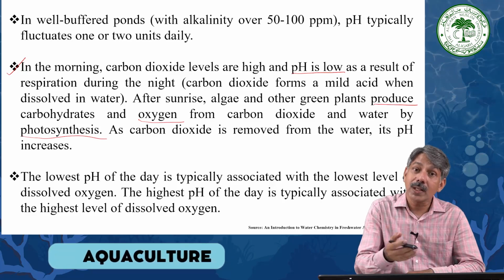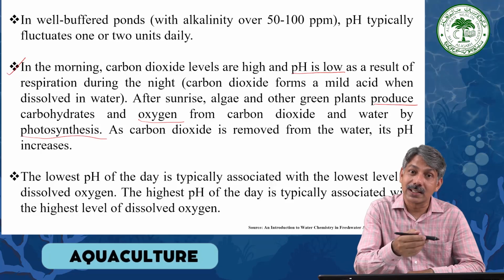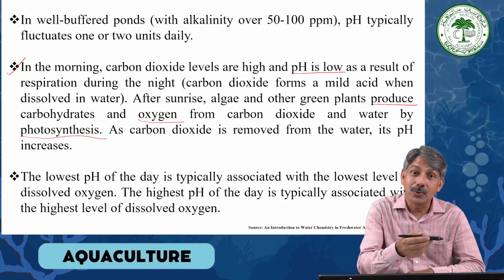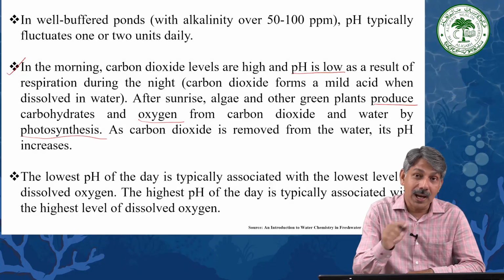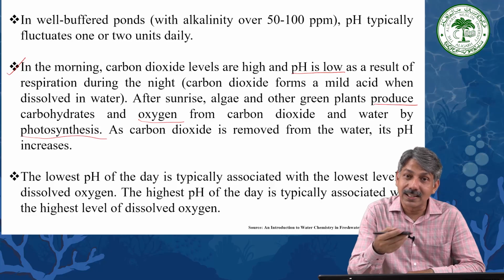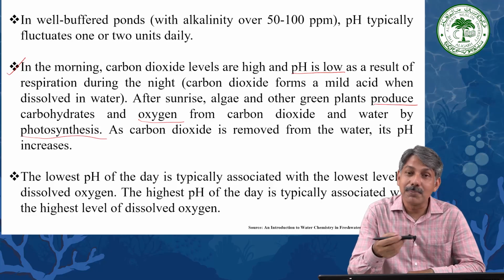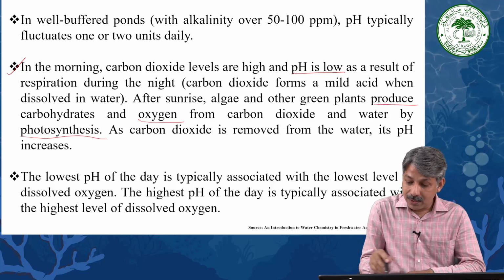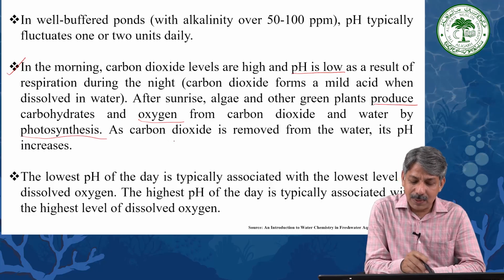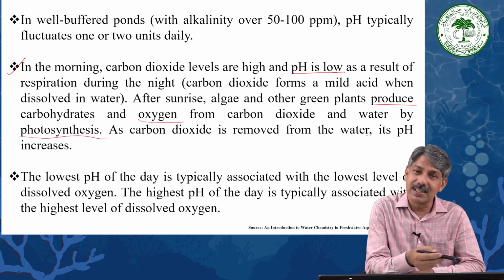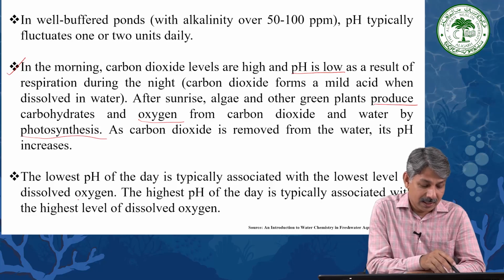Oxygen was produced, so dissolved oxygen content was also becoming better. So the fishes which were having hypoxia condition and other conditions, they were in stress, they may become better when photosynthesis starts. As carbon dioxide is removed from the water, its pH increases, that we have already explained.